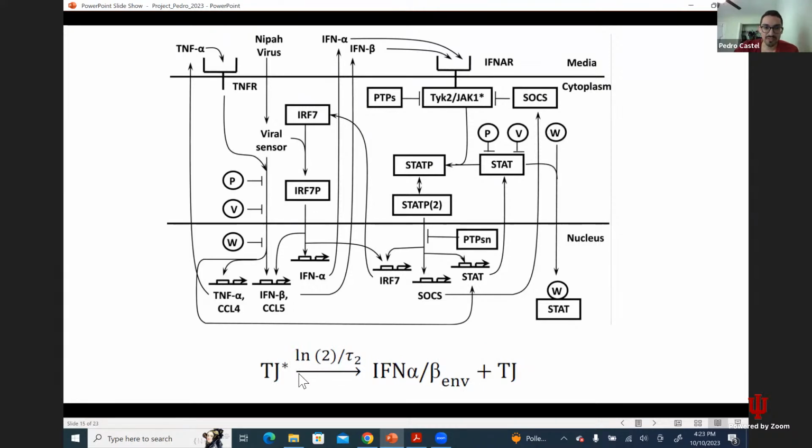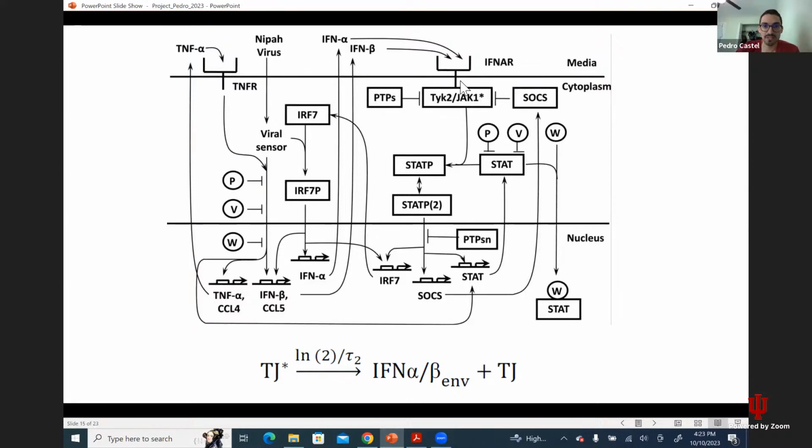But for example, this specific equation here, so TJ is this node here, TJ is this receptor, and I forgot what a star means. It's like activated. It goes back, so it inactivates, producing back the interferon that bounded to it, and gets back to the ground state, let's say.